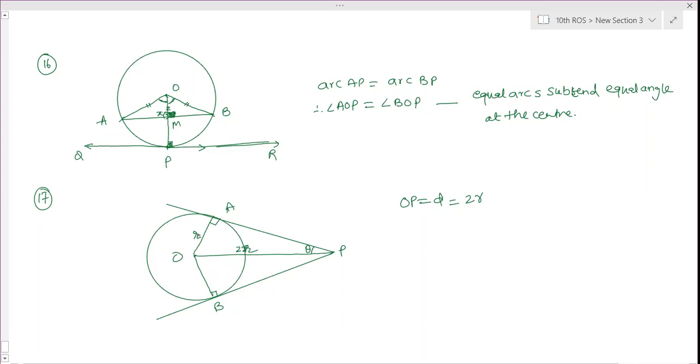Which trigonometric ratio tells opposite by hypotenuse? Sine. So sine theta is equal to R by 2R. Let angle APO be theta. R by 2R is 1 by 2. So what is theta?